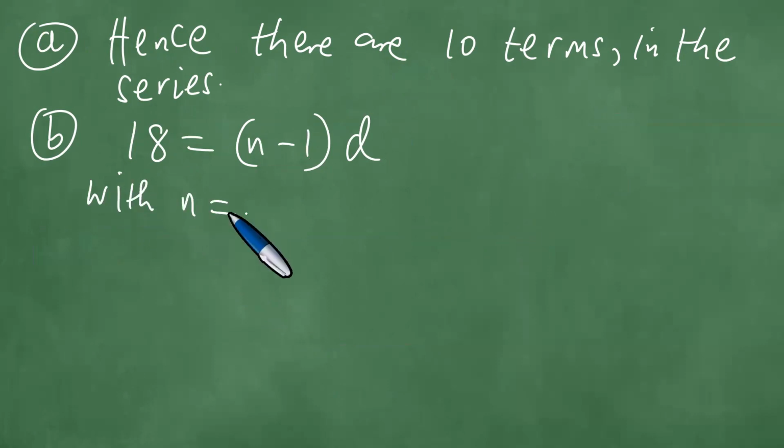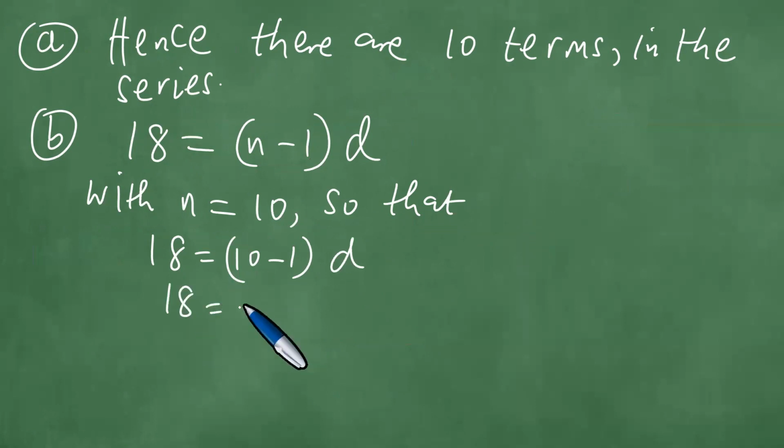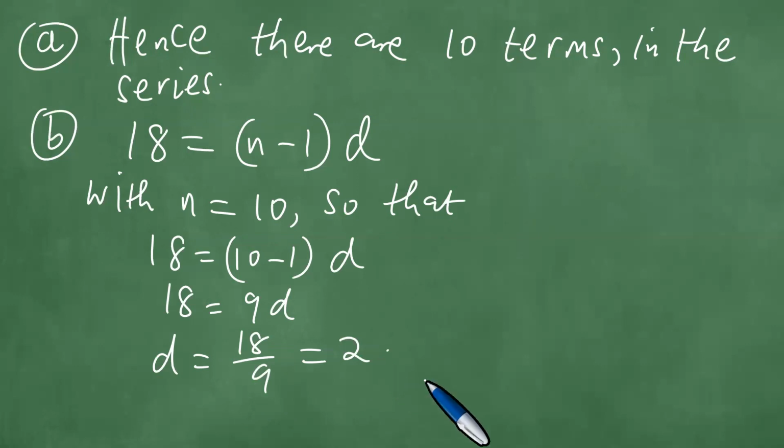But we already know that n equals 10. So we have 18 equals 10 minus 1 times d. What is 10 minus 1? It's 9d, which means it is 18 over 9. What is 18 over 9? It's exactly 2.